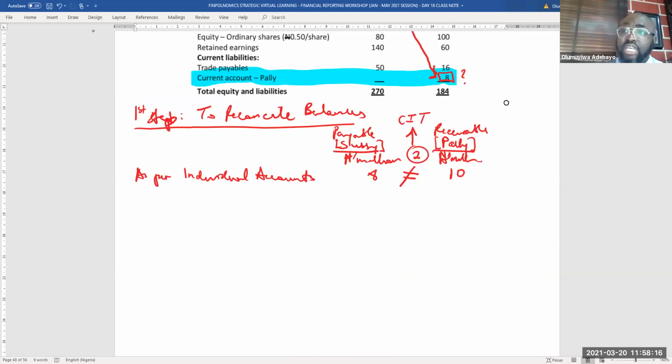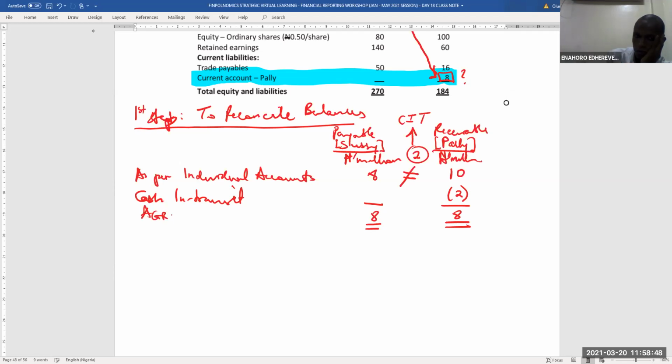Therefore, if the payment has been made and the cash is deemed to have been paid, we are going to consider the adjustment to cash in transit as 2 having finally been received by the parent. And if that is the case, it means this is 8 and this is what? 8. This is our agreed intercompany balance.